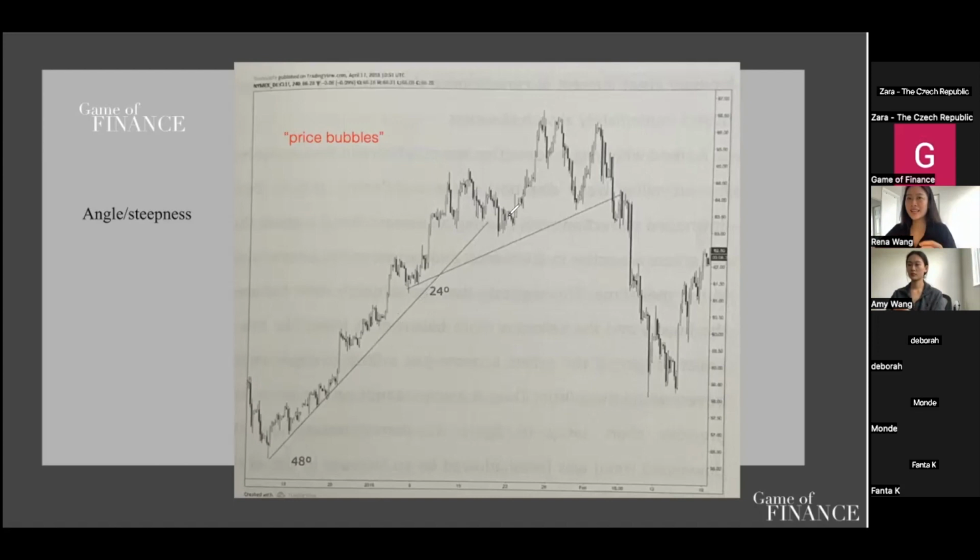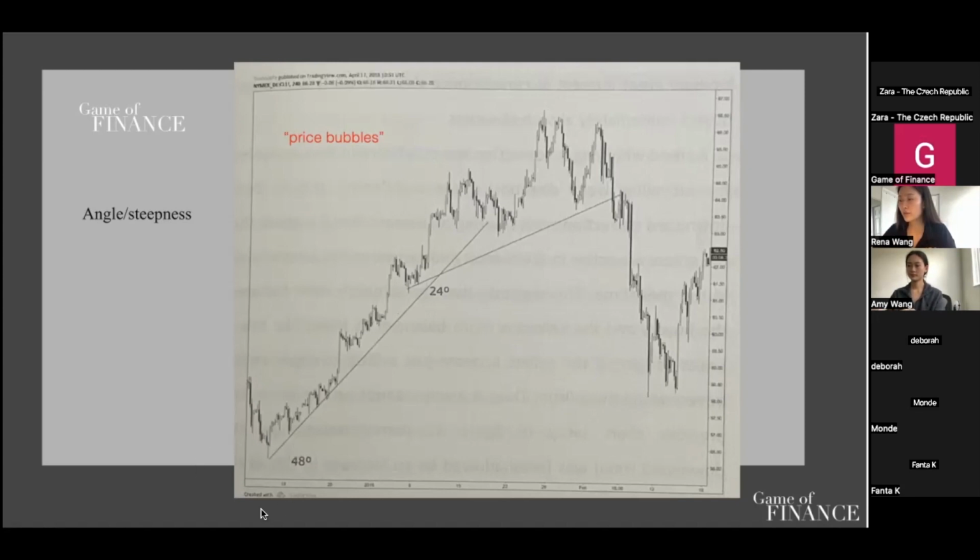A trend is intact if we find long trend waves, or trend waves that become longer with a moderate or increasing angle. On the other hand, if a trend has trend waves that become increasingly shorter and spontaneously lose their steepness, that indicates a possible end. As you can see here, this one is 48 degrees.